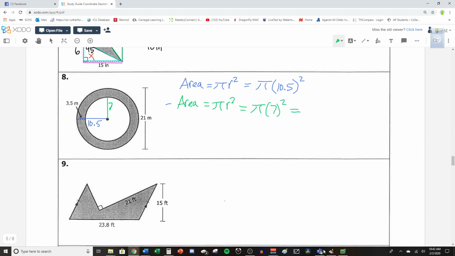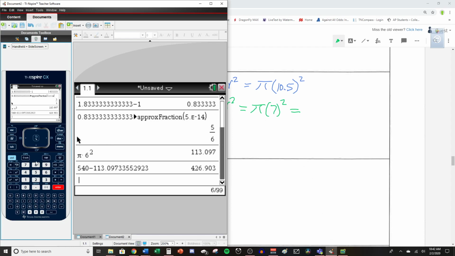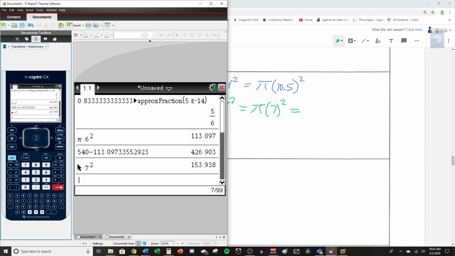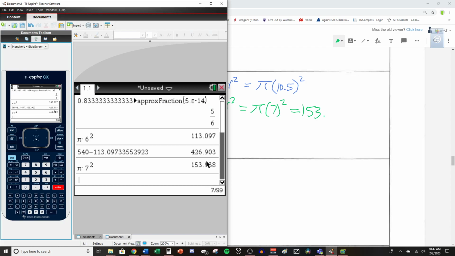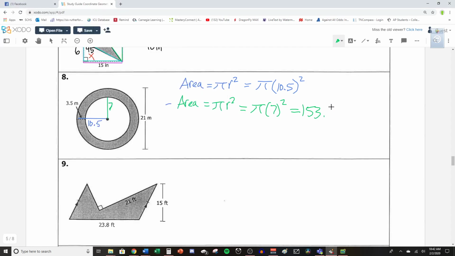So let me pull up this. So we're going to do pi times, we'll start with 7 squared. That gets me 153 point, we'll round, actually no, I'll just write all 938. That is meters squared.